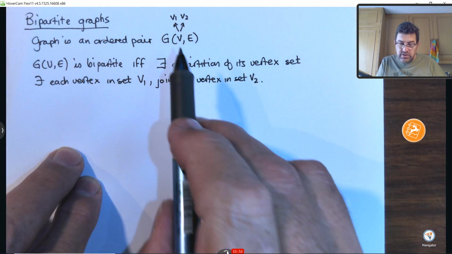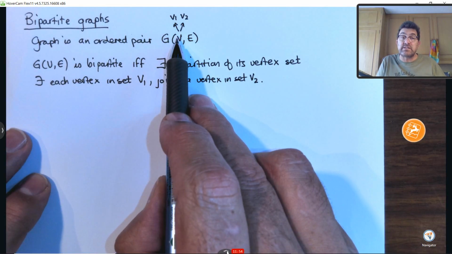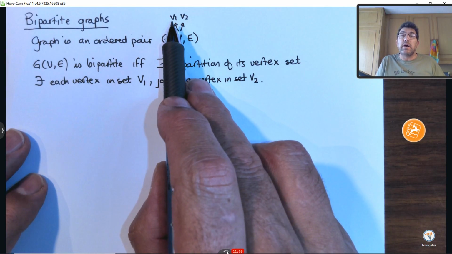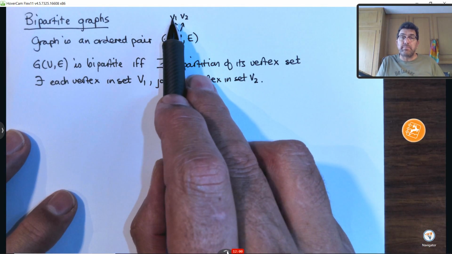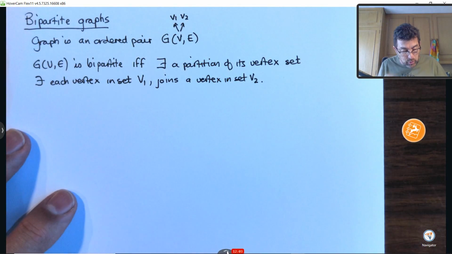So each of the vertices you've divided this vertex set into, vertex set 1 and vertex set 2, there's a mapping between 1 and 2.